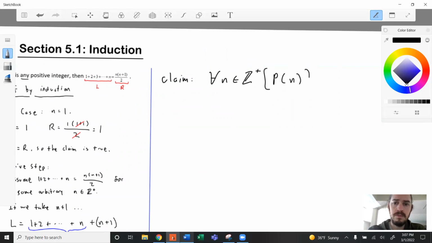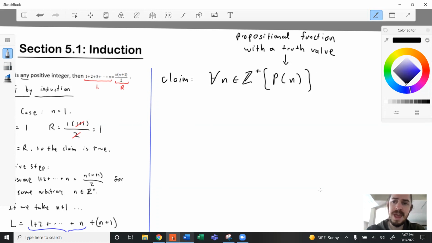Now, right there, that is a propositional function. It's a predicate, just like we learned about in chapter 1. It's not a function whose output is a number. It's a propositional function with a truth value. So P of n stands for some sort of claim about n.